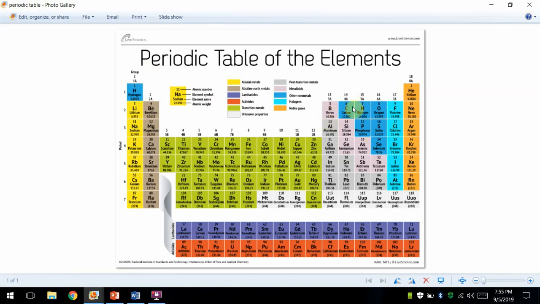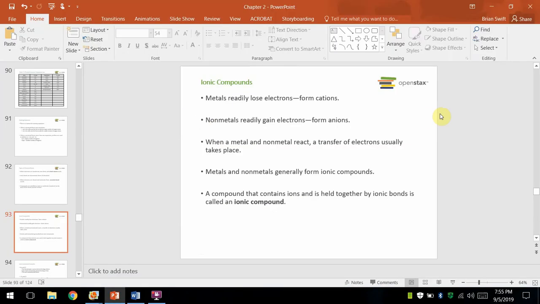And of course, the most common ones that we deal with are carbohydrates and organic chemistry, which deals with carbon, hydrogen, oxygen, and nitrogen. And so all the compounds made from those are molecular covalent compounds. Okay, so metals and nonmetals form ionic compounds.